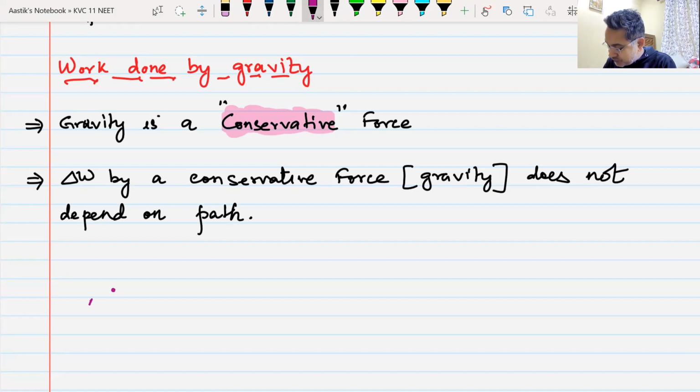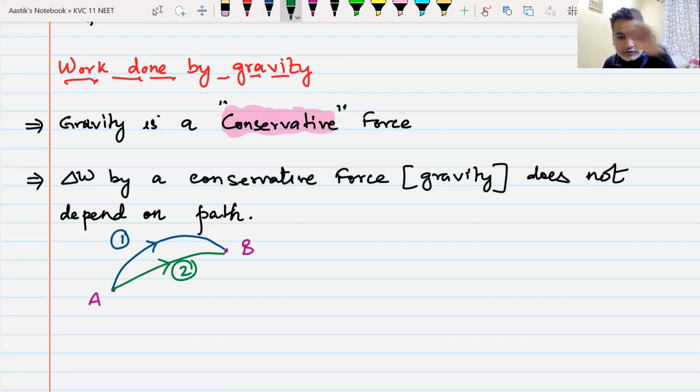If you move an object from point A to point B, and this is a question that has come in your NEET, by different paths, let us say this is path number 1, this is path number 2, different routes, different ways, this is path number 3.